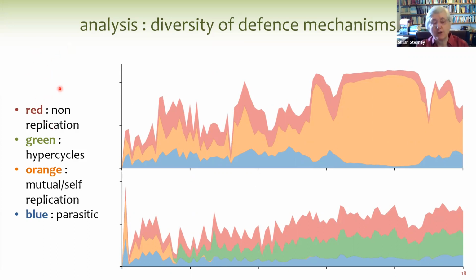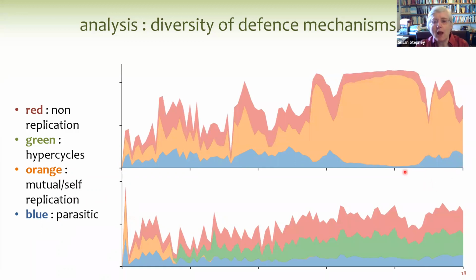They are reactions where the strings bind and do something but don't replicate. Green are hypercycles, orange is a mutual or a self-replication reaction, and blue is a parasitic reaction. So here we see the blue parasites, they never get really dominant. There's this region here where they nearly die out, and then they come back again, but still don't get very dominant.